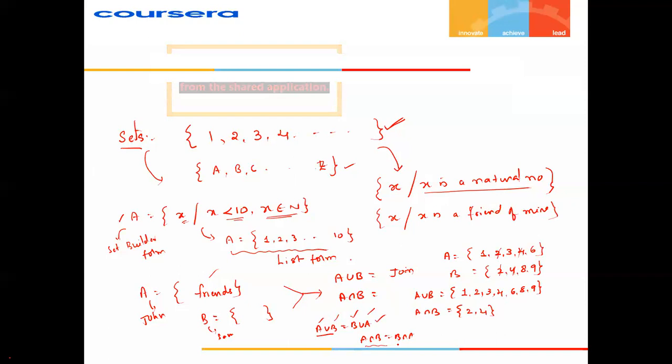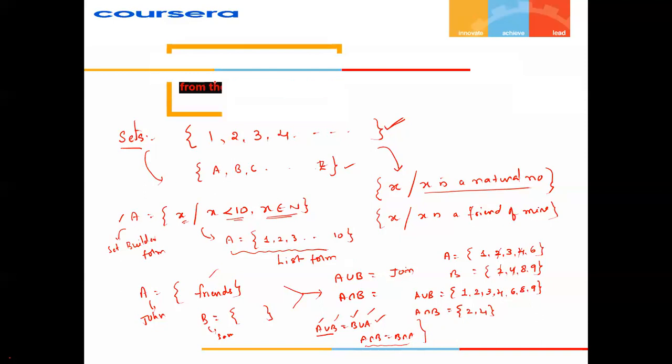Similarly, if you say A intersection B and B intersection A, the common part either A with B or B with A, both are common, right? So this is one important property. Any name for this property? A union B equals B union A, 2 plus 3 equals 3 plus 2, 2 into 3 equals 3 into 2.